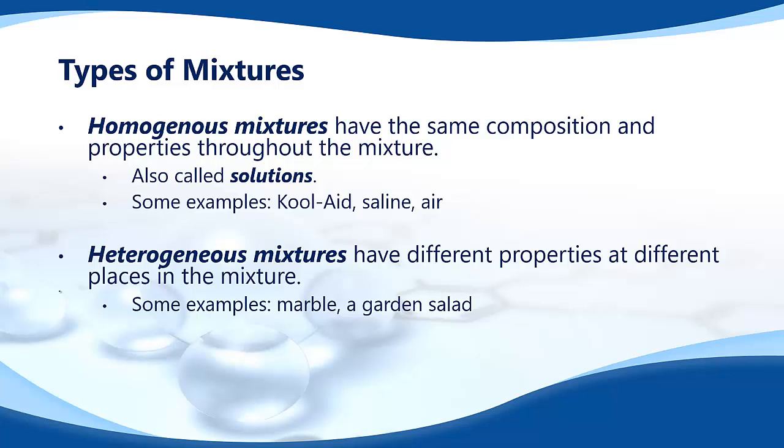One of the better examples is think of a salad. Right, if I were to take two bowls of salad, would they both have the same number of pieces of lettuce? Would they both have the same number of tomatoes, cucumbers, onion slices, etc.? They wouldn't. And even inside that bowl, the onion slices and the tomatoes and the lettuce all have different properties. Right? So that's what makes it heterogeneous.